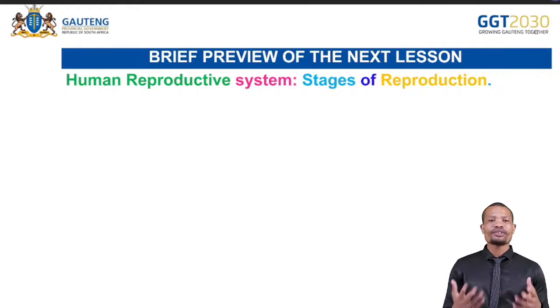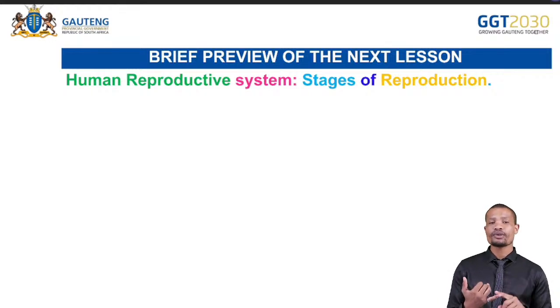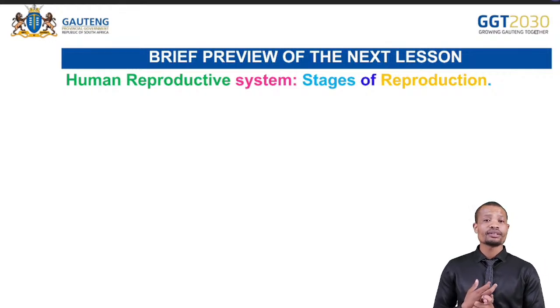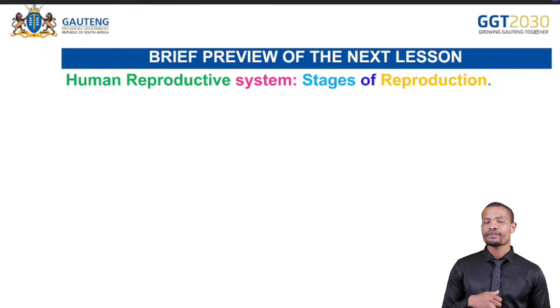Then we looked at secondary sexual characteristics, which are a result of the hormones known as estrogen in females and testosterone in males. We also looked at emotional changes like mood swings and bad tempers, which are a result of puberty and the hormonal levels in the body. In this lesson we looked at the reproductive organs.